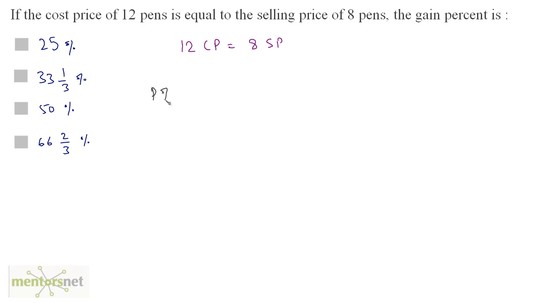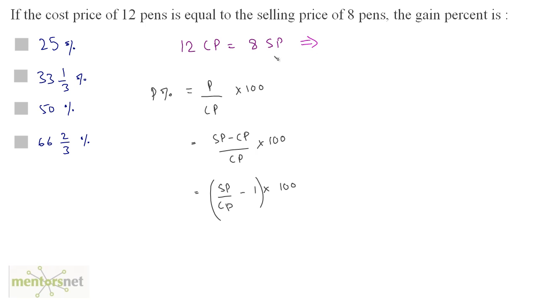So the profit percentage is equal to profit upon the cost price times 100, and profit is selling price minus cost price. So (SP minus CP) upon CP times 100. So this is equivalent to (SP by CP minus CP by CP, which is 1) times 100, right? So we want selling price upon the cost price, and that can be obtained from this equation.